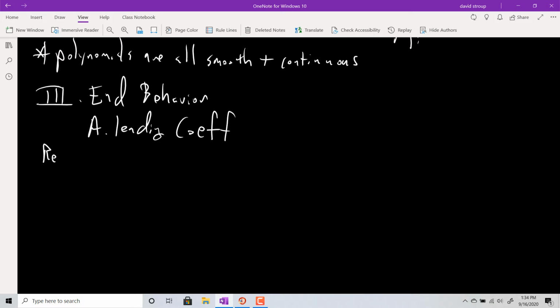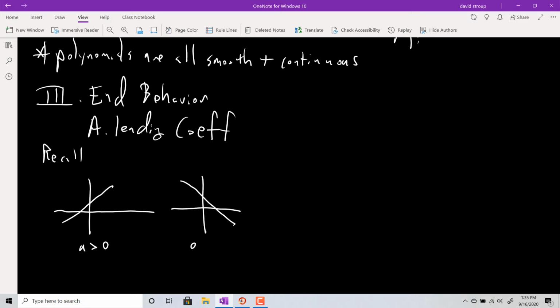Recall working with lines. If you have something like y equals negative 3x plus 2, the line will be going down. If you have a positive, it'll be going up. So if the leading coefficient is positive, it'll look like that. If the leading coefficient is negative, it'll look something like that.